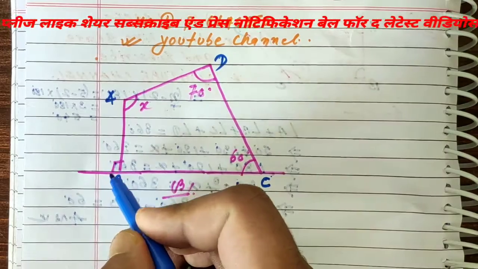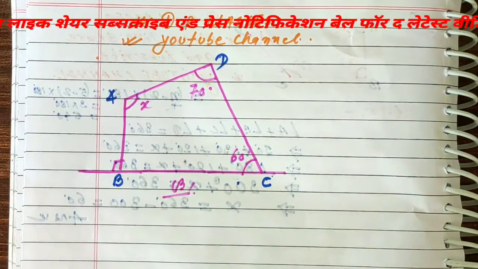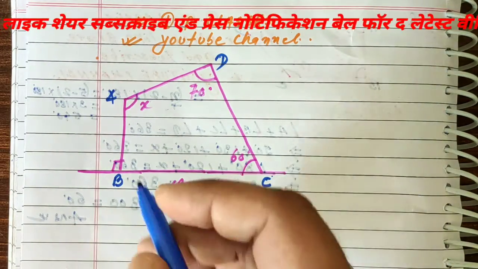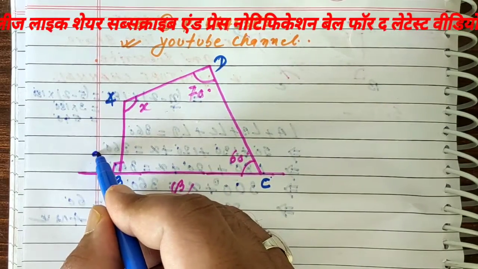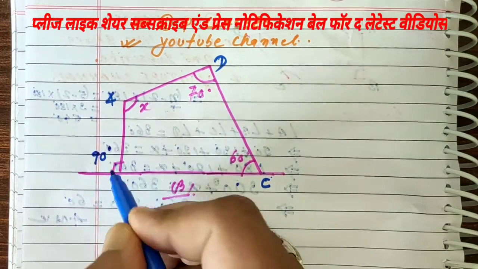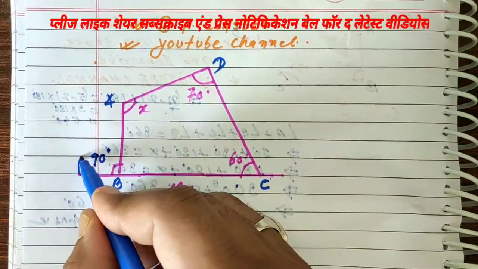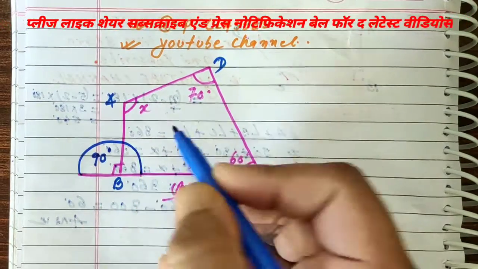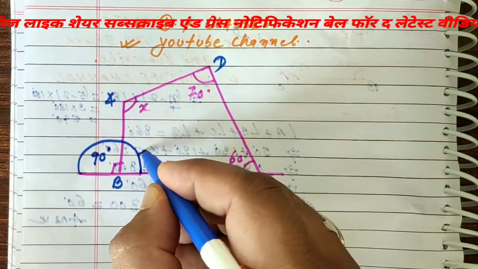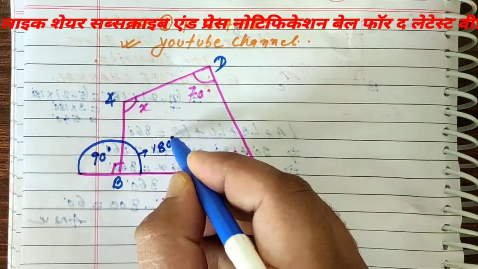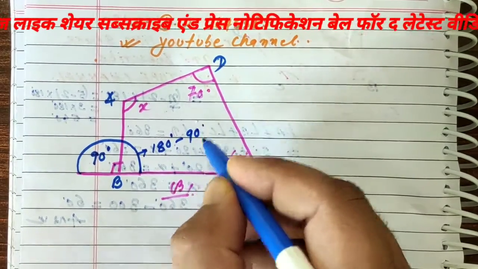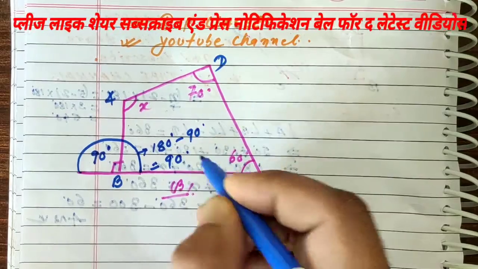Now if you look at the figure closely and accurately, you observe that this angle is given as 90. As you know, a linear pair is always equal to 180 degrees. So this angle is equal to 180 degrees minus 90 degrees, that is equal to 90 degrees.